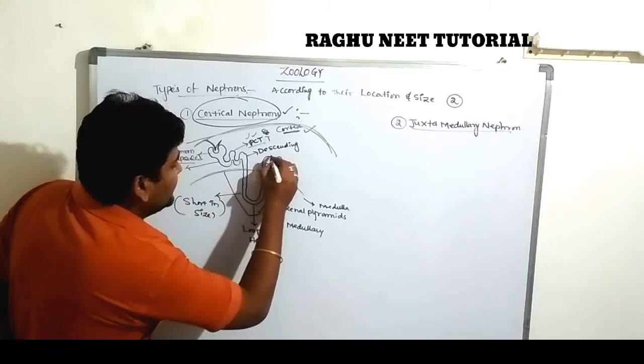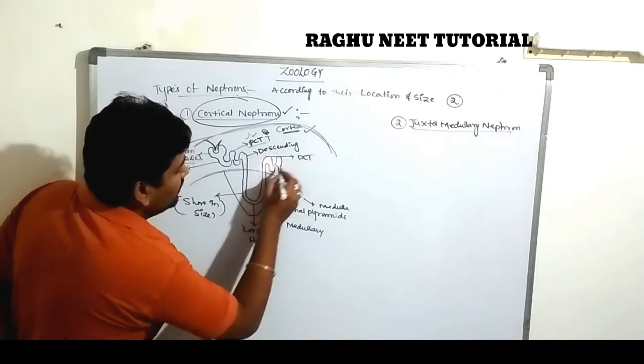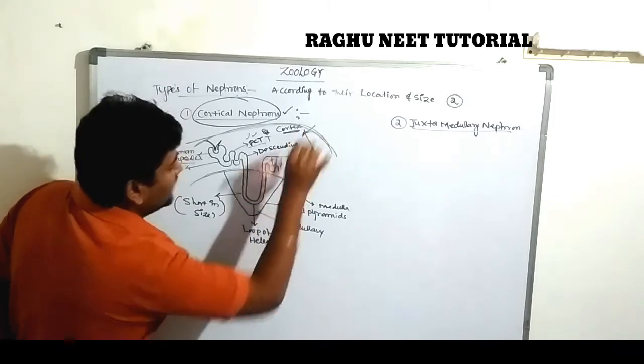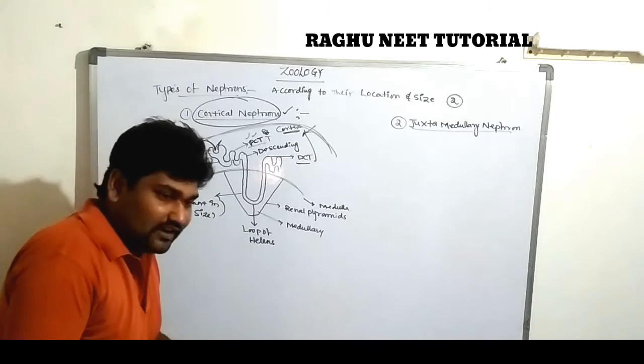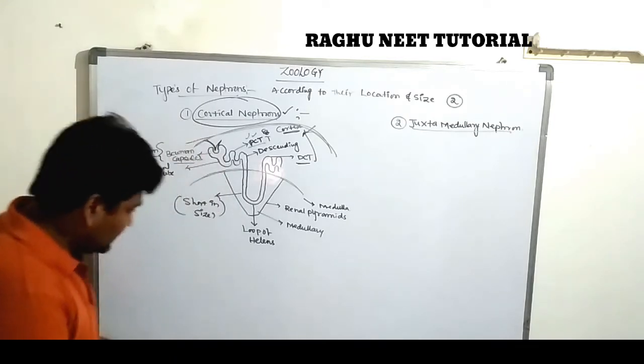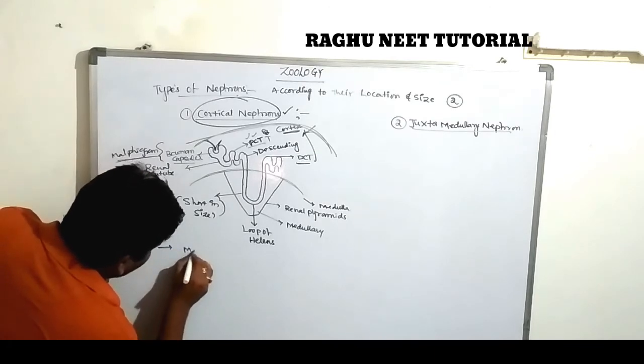Next, the ascending part and the distal convoluted tubule are also present in the cortex region. So this type of nephridia is called cortical nephridia. Let's write what cortical nephridia are.